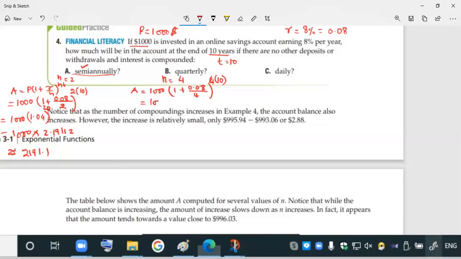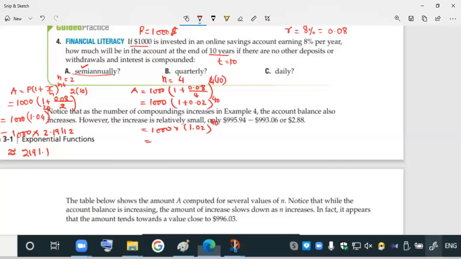So this will become 1000 into 1 plus 0.02, actually 0.02, raised to power 40. So this will become 1000 into 1.02 raised to power 40.